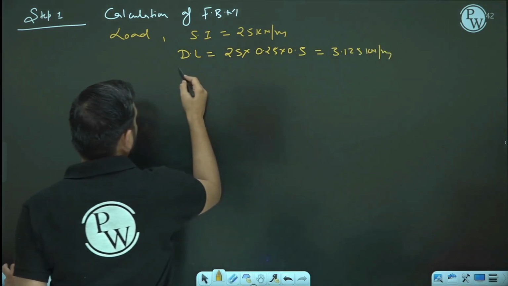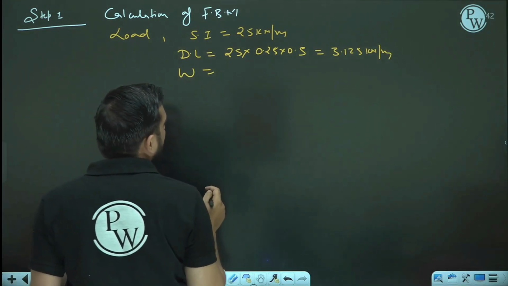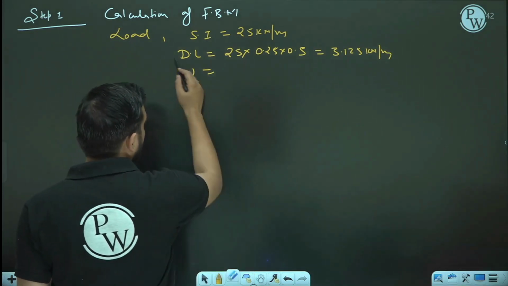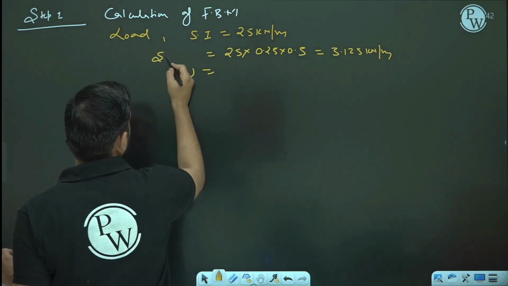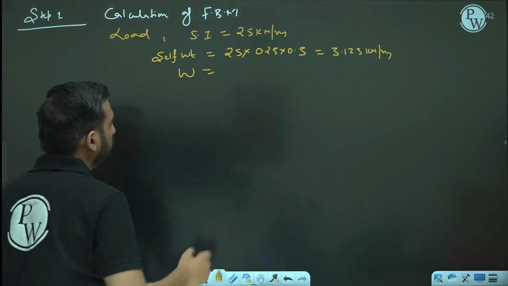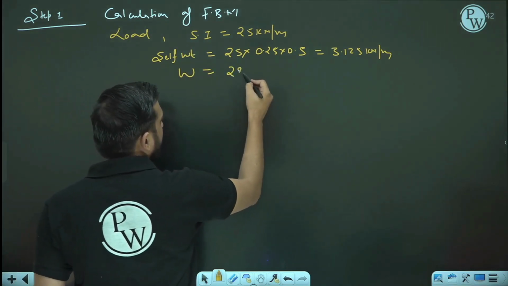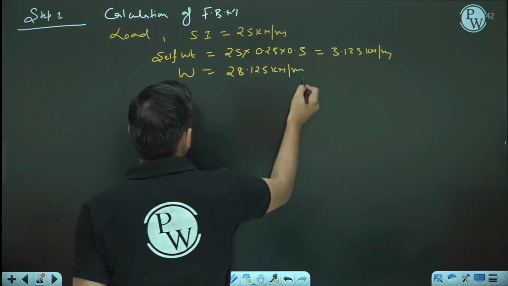The total load W is superimposed load plus dead load, or self weight of the beam. The total unfactored load is going to be 28.125 kilonewton per meter.